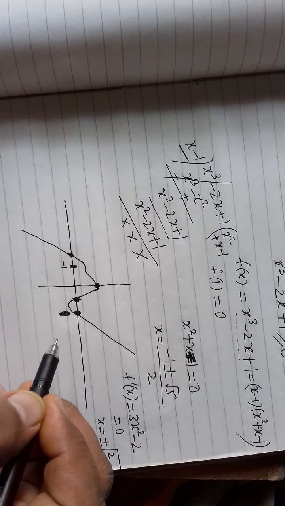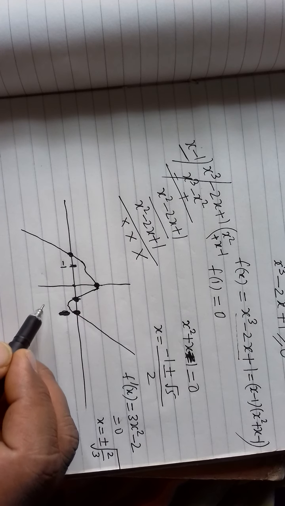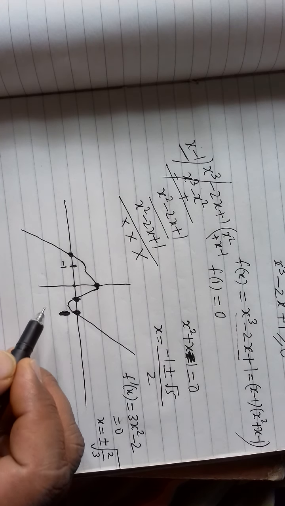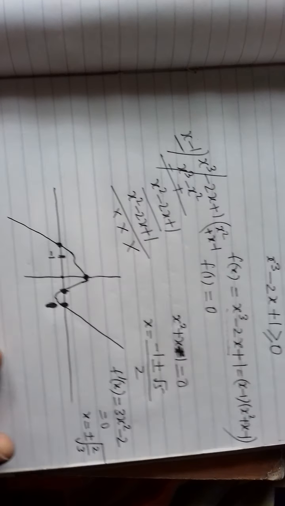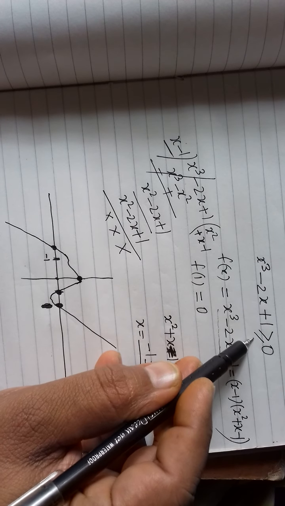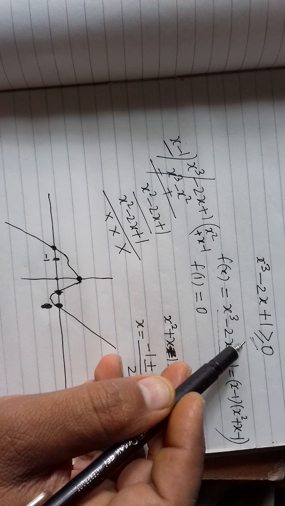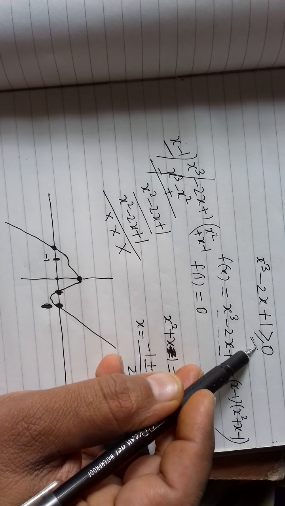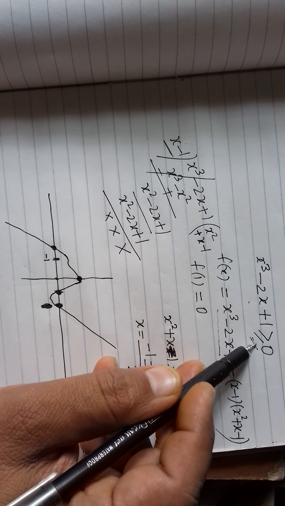And you know, this graph is rough, and according to this we have to take those values for which this is equal to 0 or greater than 0.